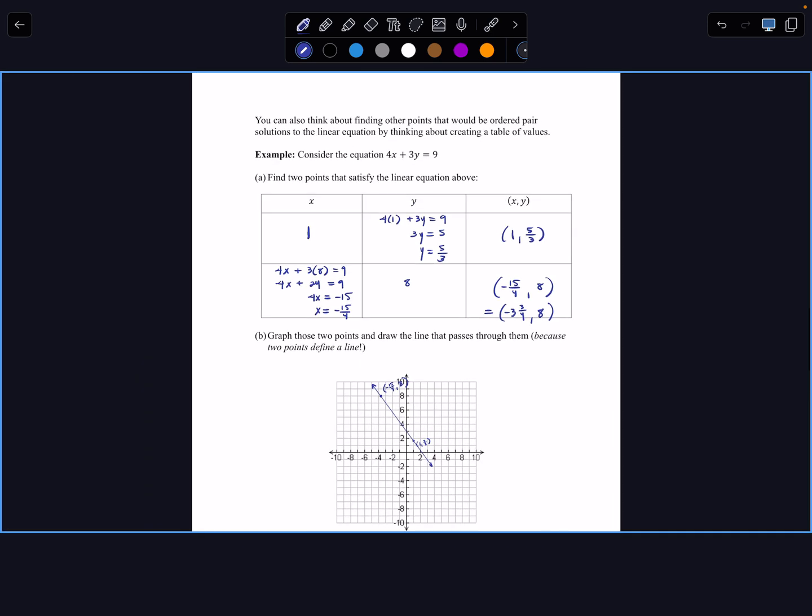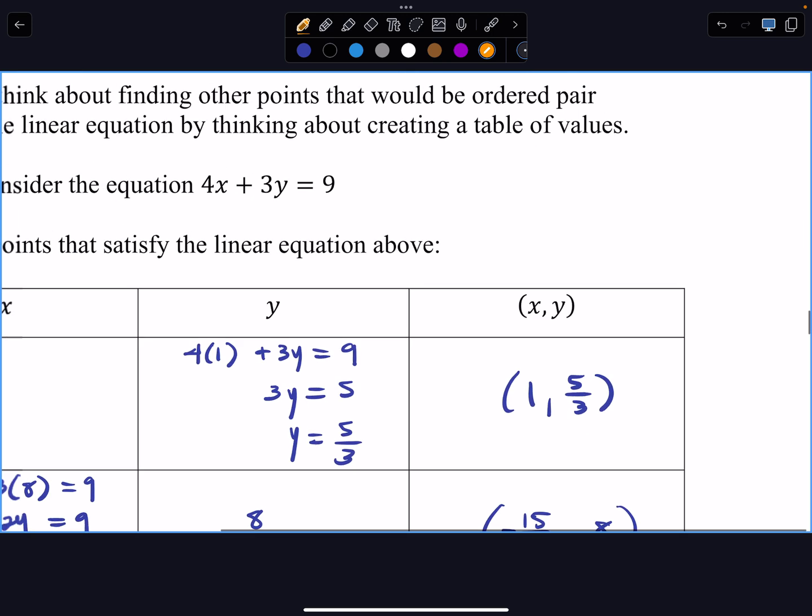And if we wanted to double check really quickly, did we find the right values? I could see that the x-intercept here, if we set y equal to 0, we would get x would be 9/4, comma, 0.